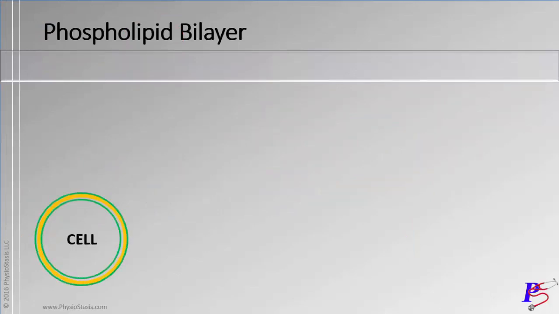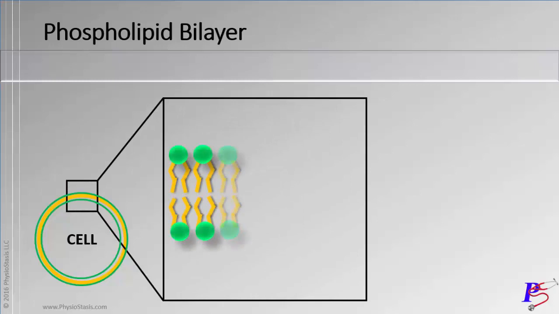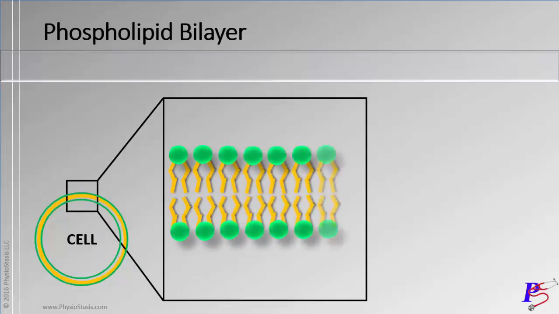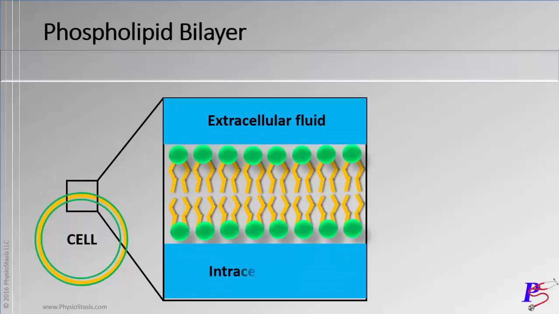Now let's draw a little diagram of the cell, and we're going to focus on a portion of the layer of the cell. So here is the inside of the cell, here is the outside of the cell, and we're zooming in on this box right here. And we're just going to put water. So the water would be here that you see up here in blue, and then we'd have water here. So we have intracellular, meaning the inside of the cell, that would be here.